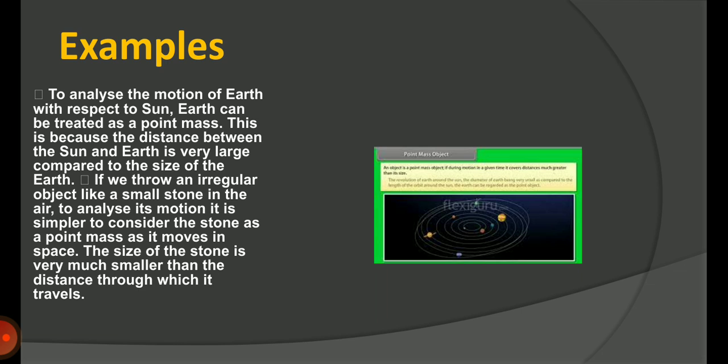This is because the distance between the sun and the earth is very large compared to the size of the earth. If you throw an irregular object like a small stone in the air to analyze its motion, it is simpler to consider the stone as a point mass as it moves in space. The size of the stone is very much smaller than the distance through which it travels.